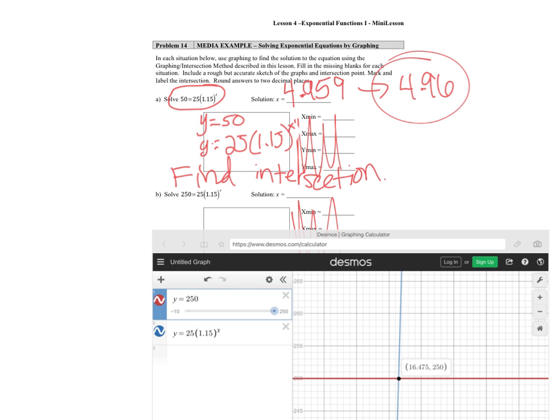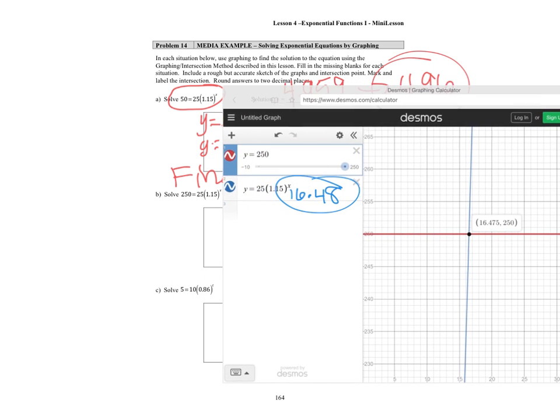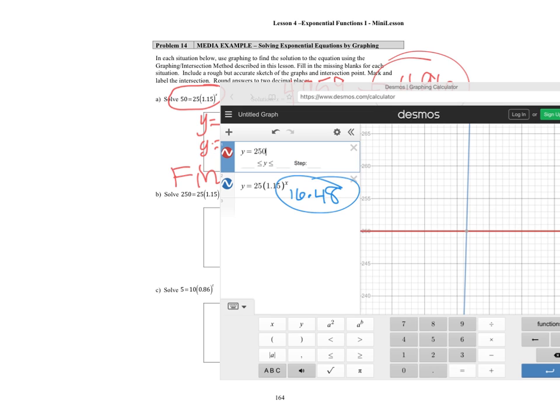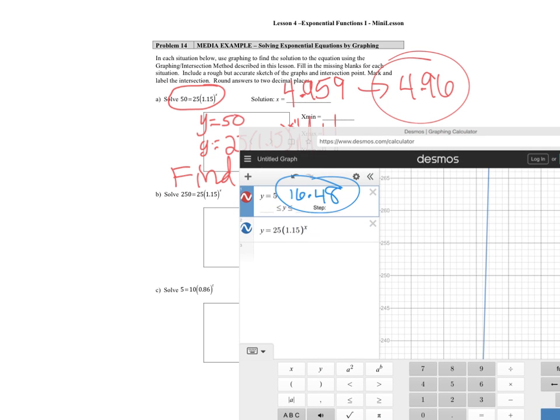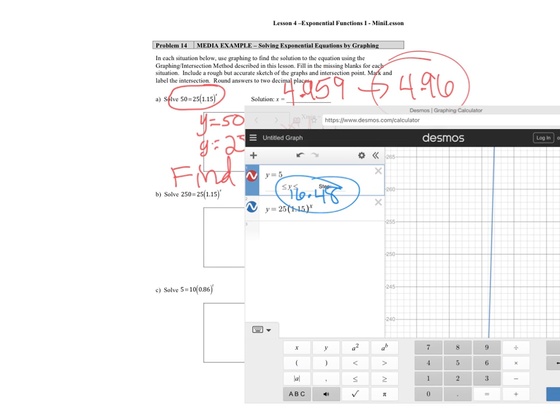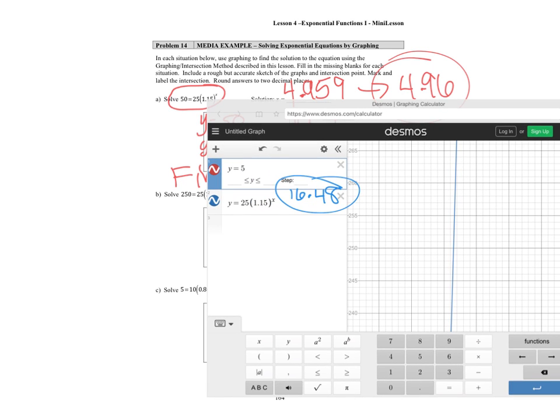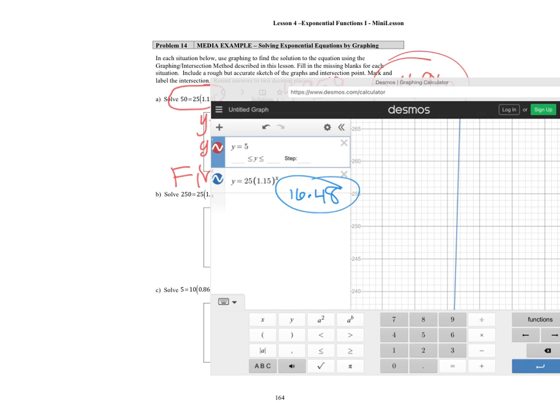All right, we'll do one more, and then I'll let you guys try. So for this one, same deal. We're going to put y equals the left side, so y equals 5. And then at the bottom down there, we're going to put y equals... Why are you not touching that? There we go. .86 on the inside.